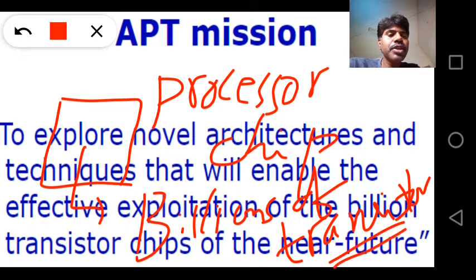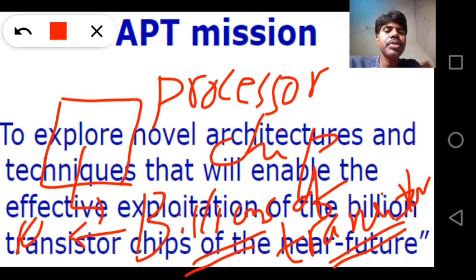And the count is, you know, a billion means 100 millions, 1 million is equal to 10 lakhs. So 1 billion is equal to 10 crores. So some crores of transistors are being used in designing a chip, and there are certain issues while designing this.